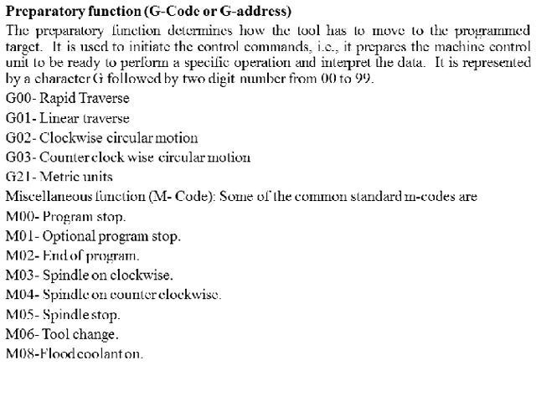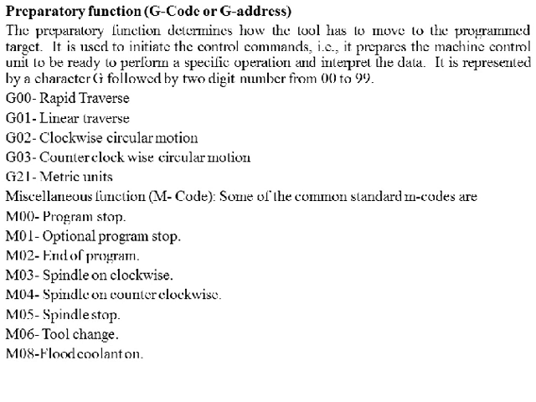We make use of them in order to decide how the tool has to move to the programmed target. To make the tool move to the programmed target, we require some control commands. To initiate the control commands, we make use of a machine control unit.